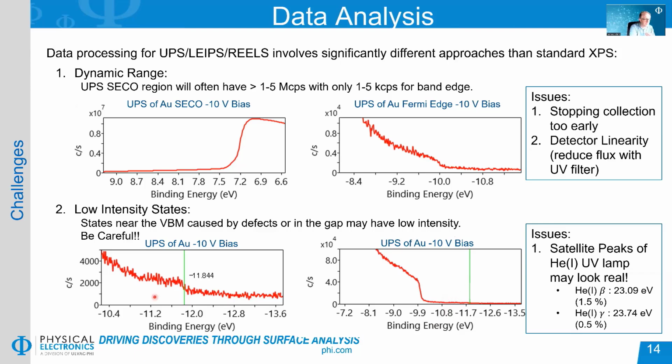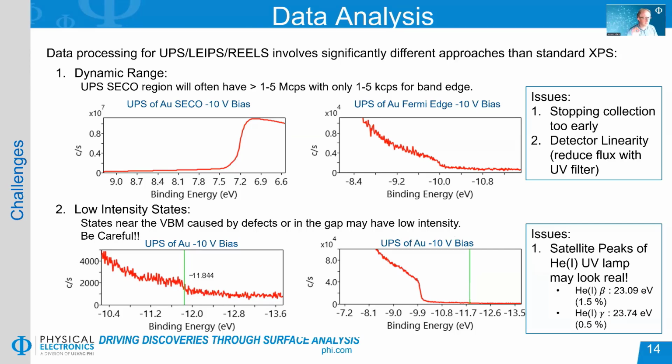And so this onset right here is actually occurring over here, and this is the Fermi level of the gold surface that I was looking at. But if you are looking at things with low density in the gap type states, you do need to be careful if they come up near the Fermi level, or even if they're not near the Fermi level, that you may need to take into account these satellite peaks that can be there and subtract them out.